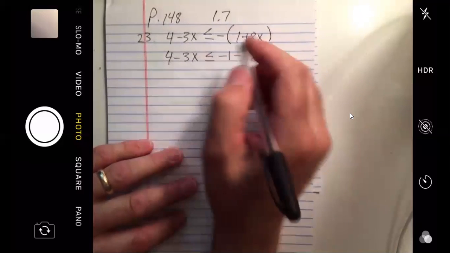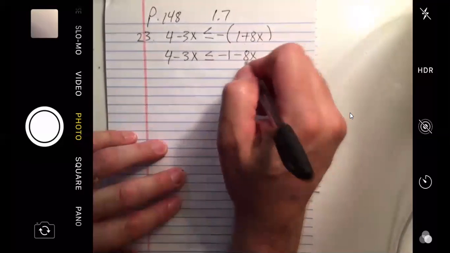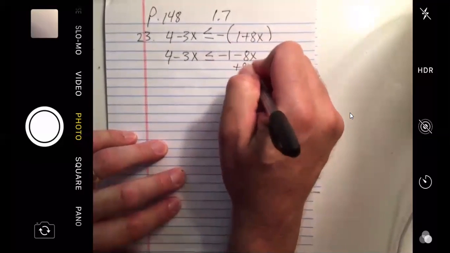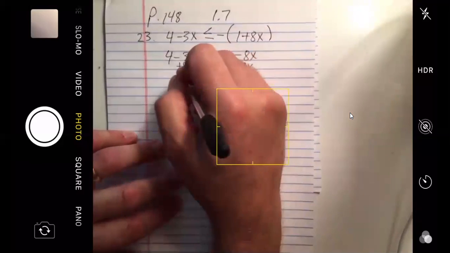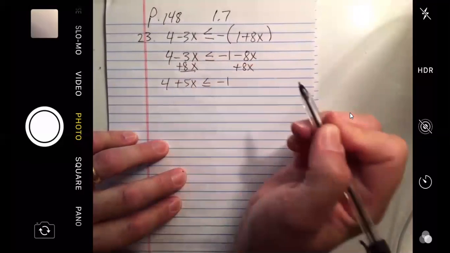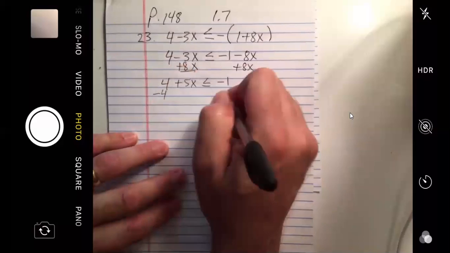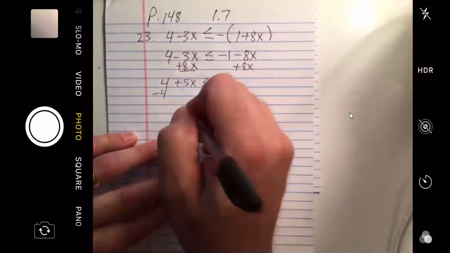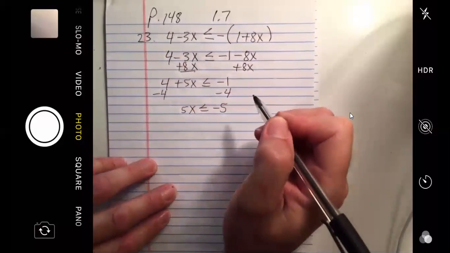I would move my x's to the left. Notice there's no squares here, so you don't place square letter number. That's in the next section. Add 8x, add 8x. 4 plus 5x is less than or equal to negative 1. Minus 4, minus 4. 5x is less than or equal to -5.